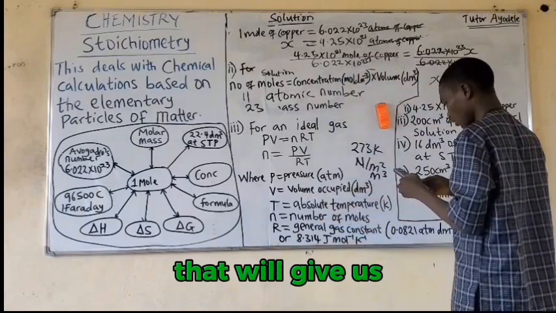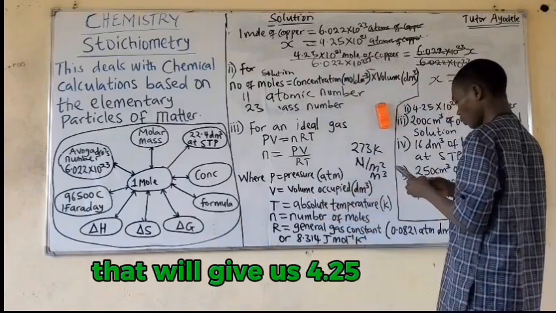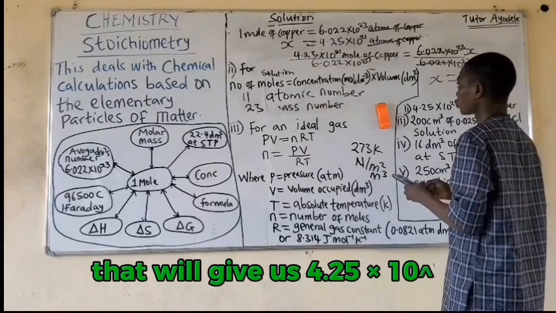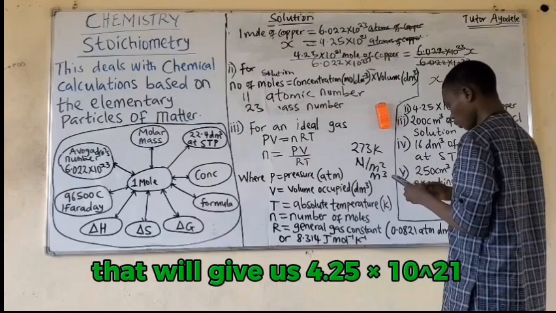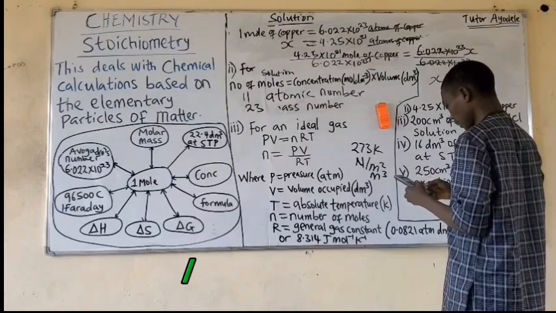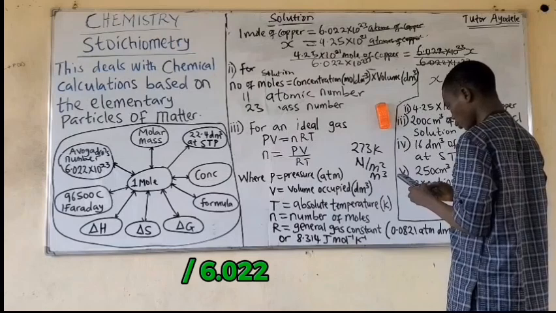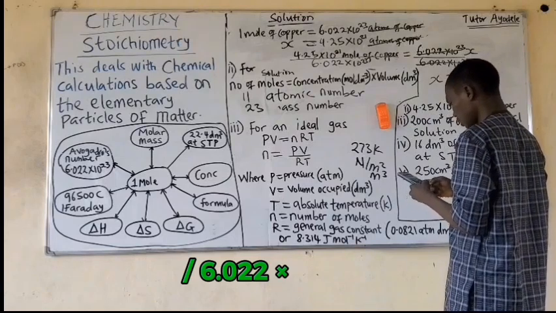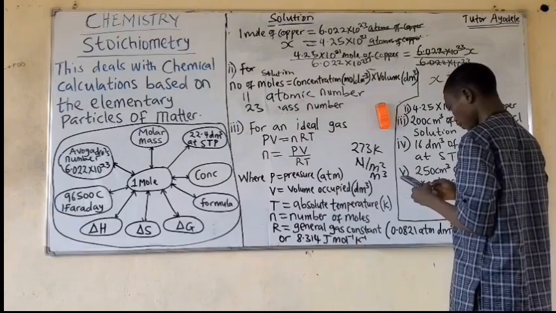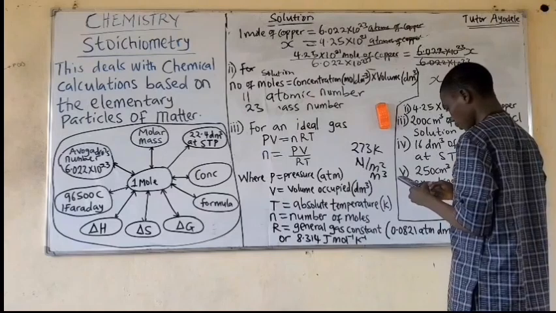That will give us 4.25 times 10 raised to the power of 21 divided by 6.022 times 10 raised to the power of 23.